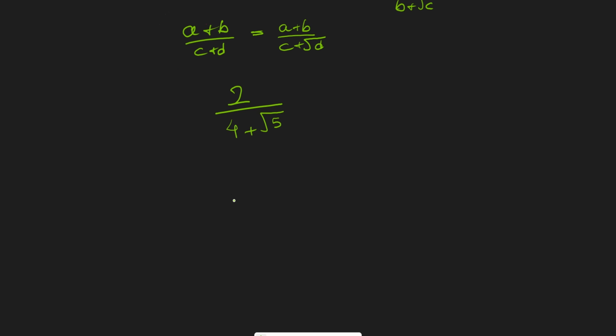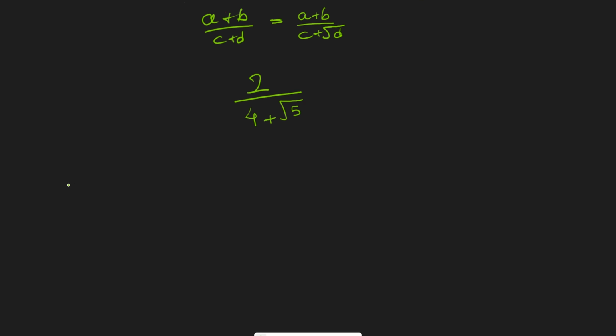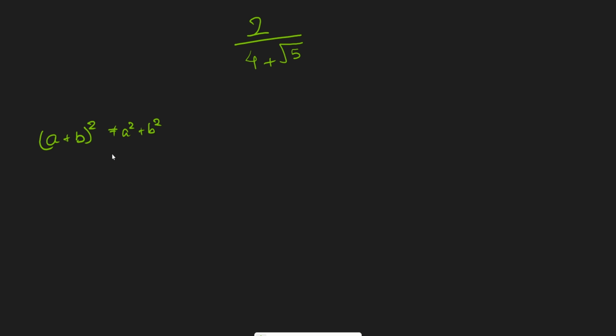So what we're going to do here is look at identities. When you have a plus b whole square, it's not going to be a square plus b square. But we're going to expand this bracket. So a plus b whole square is the same as a plus b whole times a plus b.